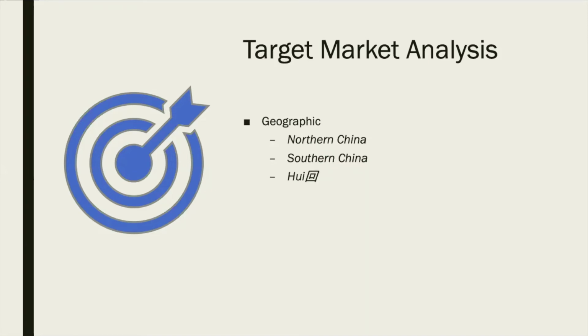And geographically, we are separating the Chinese market into three parts: northern China, southern China, and Hui race. Because of different traditions that the northern Chinese and the southern Chinese have, we are treating them separately. And one special group is the Hui race, which is just like the Muslims.